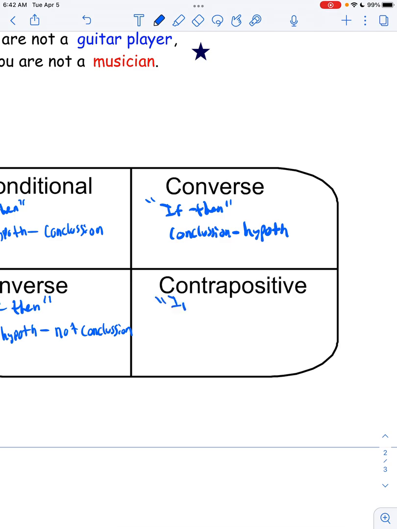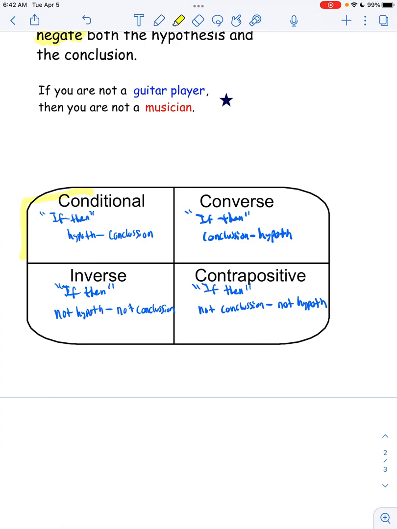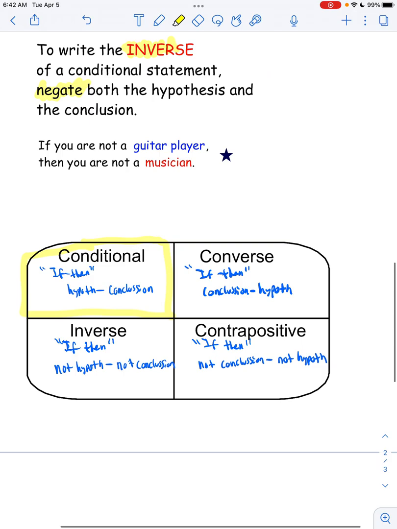So it's still an if-then, but it's going to be not conclusion, not hypothesis. So they're all related to each other, and everything relates back to the original conditional statement. That's what I'm basing everything off of, the original conditional statement.